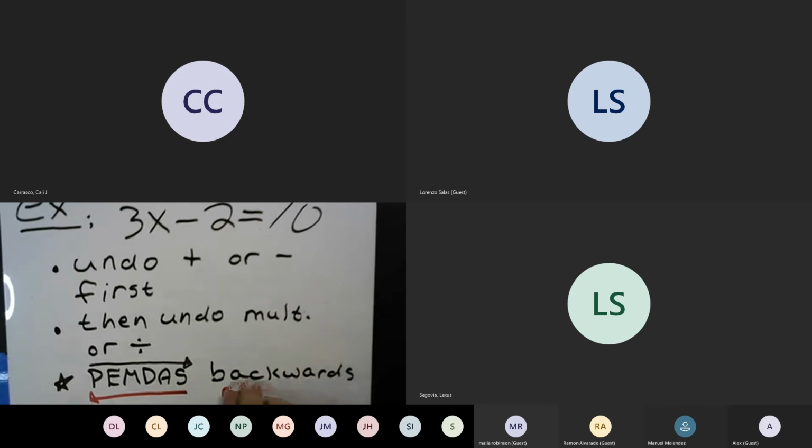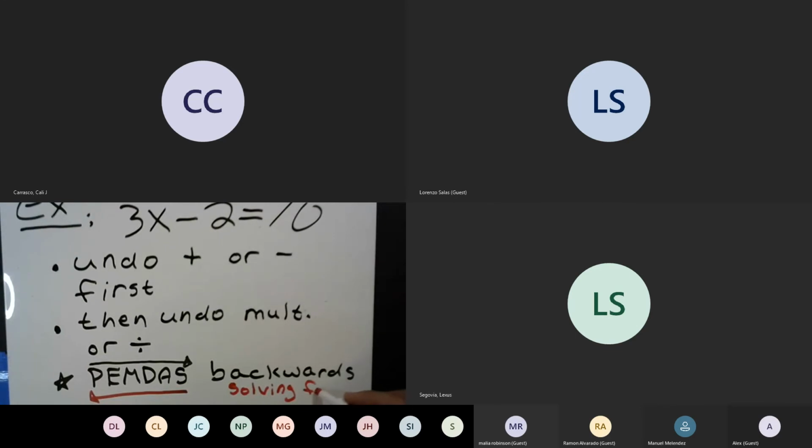I'm going to say solving for x. So what this means, I'll give you an example, then we'll solve this equation.